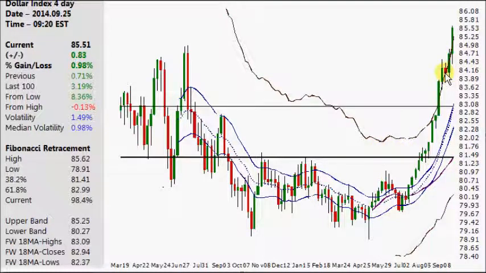This support level was taken out in the fall of last year, which thus established support right here. So the pattern was making lower lows and lower highs, and then the pattern changed, which it obviously would. Higher highs and lower lows does not sustain itself.